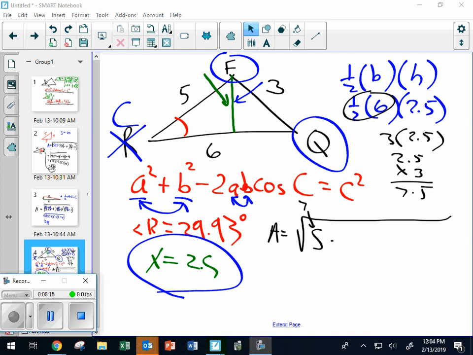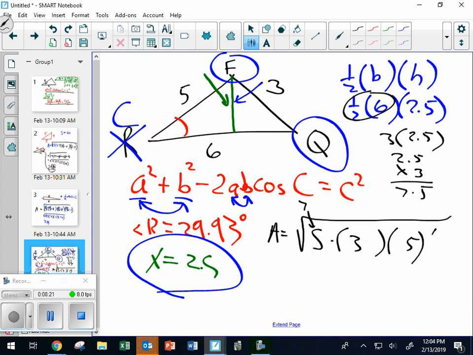Okay, so it's not just S times 3 times 5 times 6, but it's got an element of that in it, because it does depend on how long the sides are. It's S times S minus 3, S minus 5, and S minus 6.